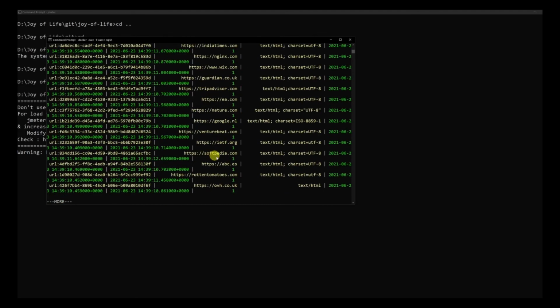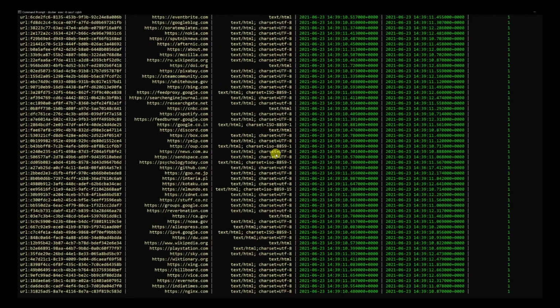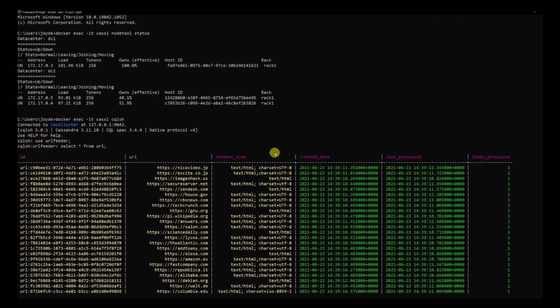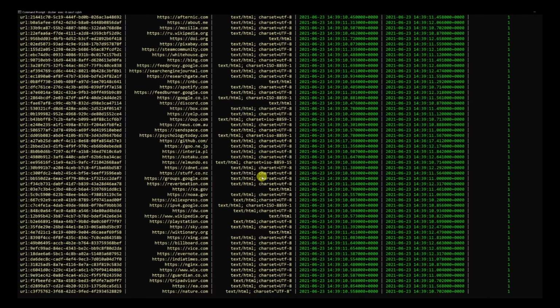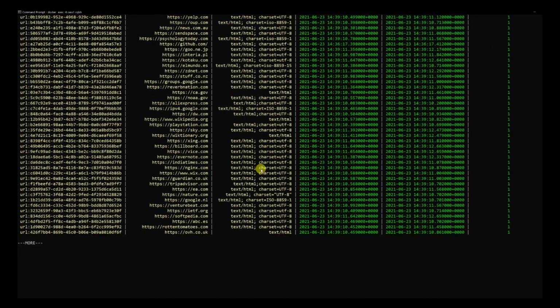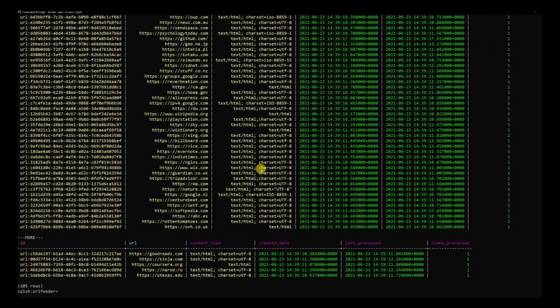You can see over here that we have all the data present, right? We have inserted them all. Whatever was there was coming and sitting over here, and there are more records actually. You can see more of them.